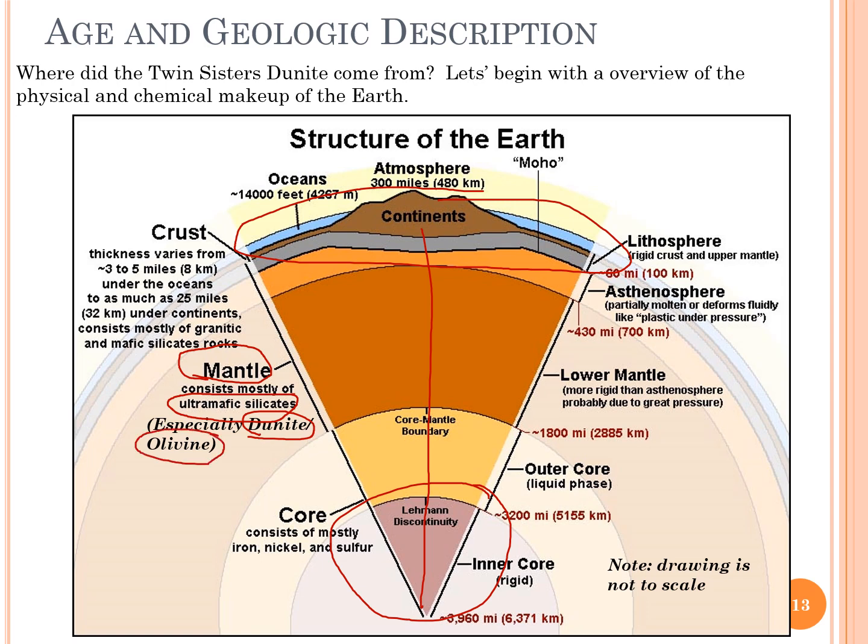And there's a lot of that mineral, Dunite/olivine, in the mantle, particularly the upper mantle. Again, giving you a sense that our mineral is kind of unusual because it's normally found much, much deeper in the earth, not near the surface. So one of the questions is, how did our Dunite get all the way up to the surface of the earth, and why in Washington State?